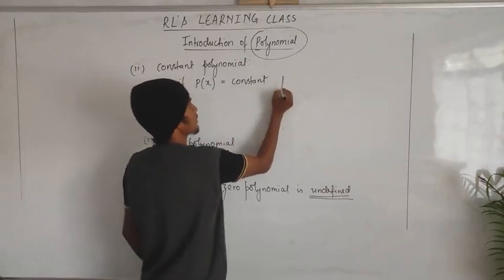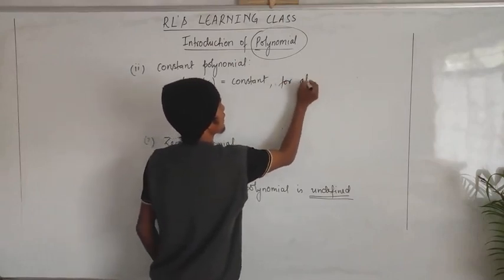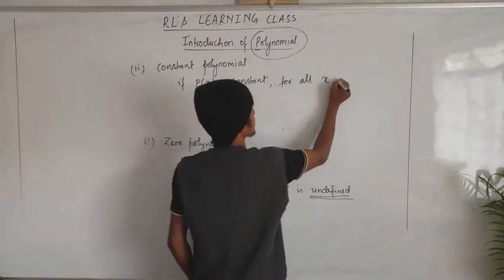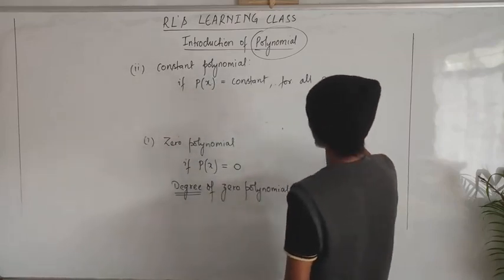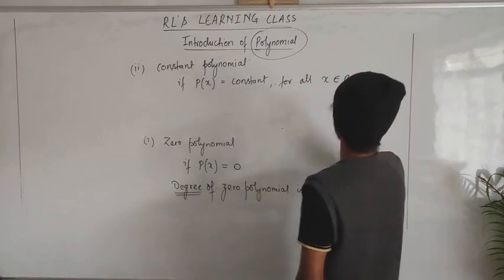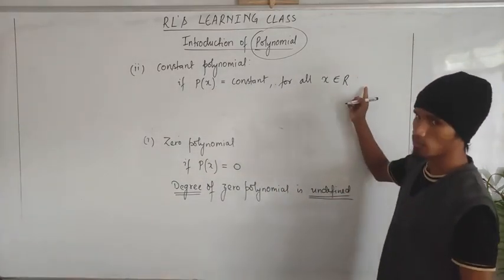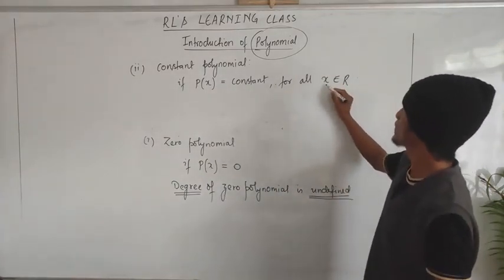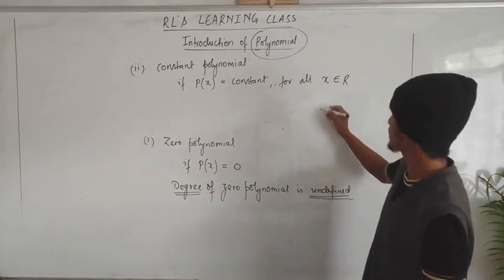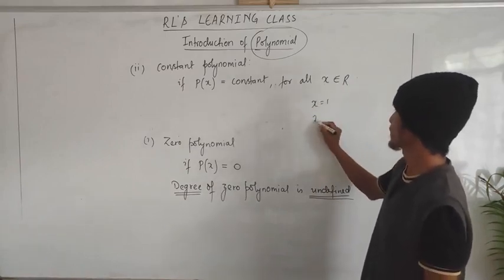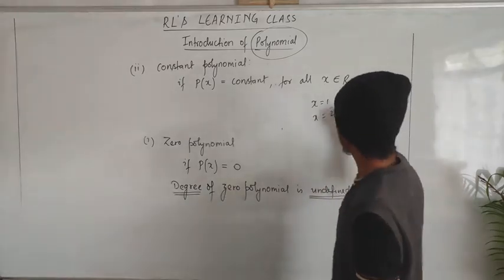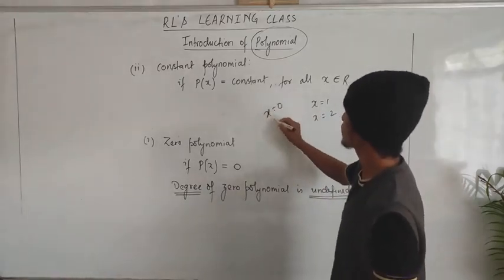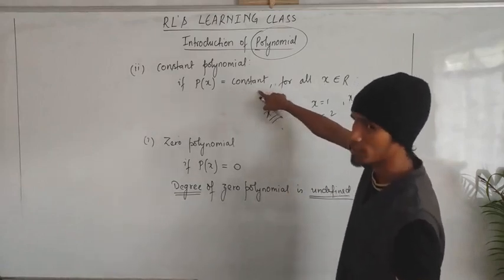Whatever the value of x, for example x equals 1, or x equals 2, or x equals minus 1, or even x equals 0, we still get a constant.